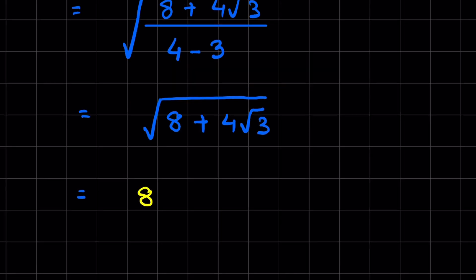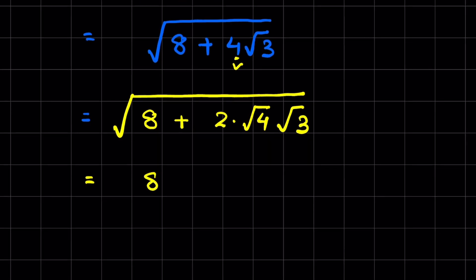Now we have 8 plus 4 times square root of 3, under square root. Now 4 we can write it as 2 times square root of 4. Square root of 4 means 2. So it will be 2 times 2 equal to 4. So 8 plus 2 times square root of 4 times square root of 3, under square root, or 8 plus 2 times square root of 12, under square root.